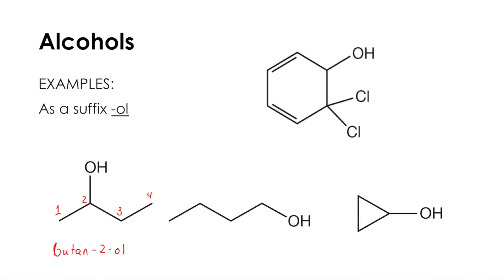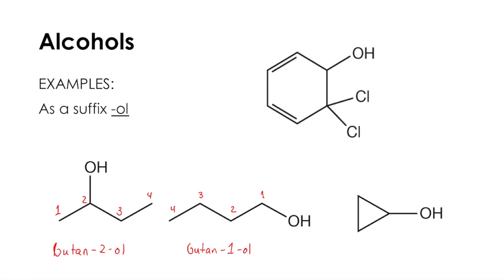So for the next one, 1, 2, 3, 4. And so this one will be named butan-1-ol, because the alcohol is now on position 1.